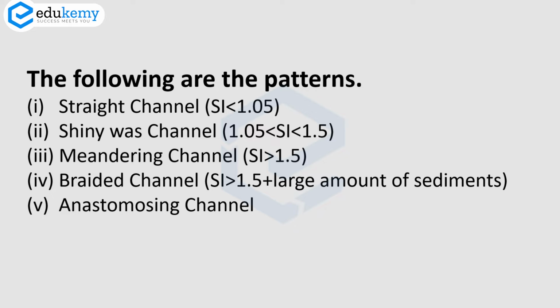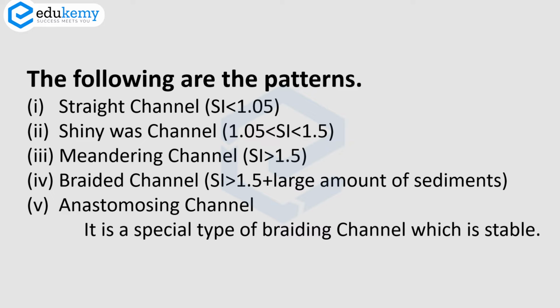Straight channel, SI is 1.05; sinuous, 1.05 to 1.5; meandering, more than 1.5; braided channel, more than 1.5 plus a large amount of sediments. An anastomosing channel is a special type of braiding which is stable.